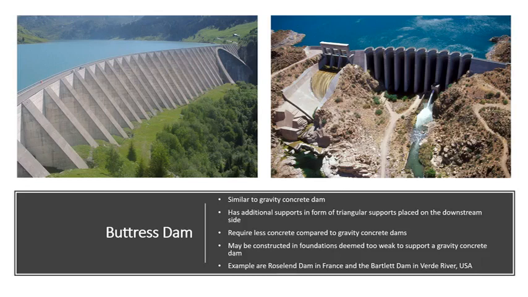The supports distribute the force exerted by the dam on the foundation, so you can place this type of dam on foundations that are considered too weak to handle a gravity concrete dam. Examples of this type are the Roselend Dam in France, as you can see on the left, and the Bartlett Dam in the USA.